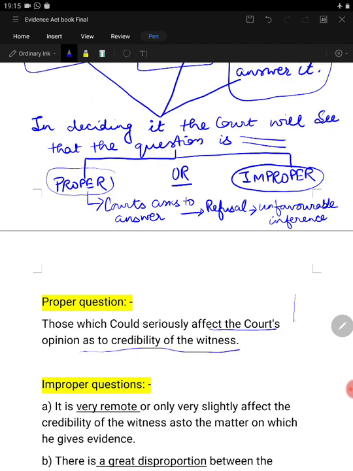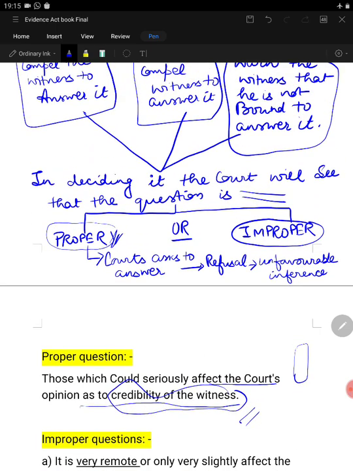That is, if these questions are answered, then the credibility of the witness will come into question, seriously at that. Then that is a proper question, and the court will compel him to answer it. And even if he refuses, the court can make a presumption that had he given the answer, it would be unfavorable to the witness.